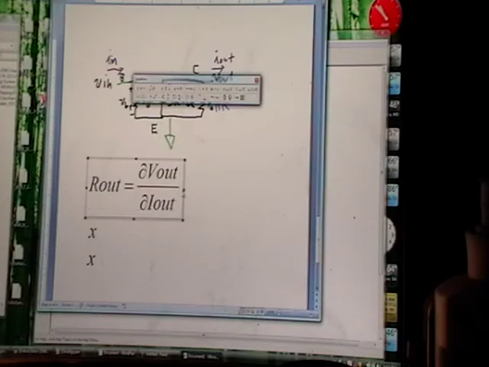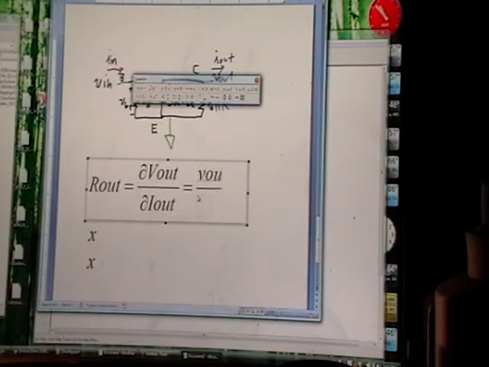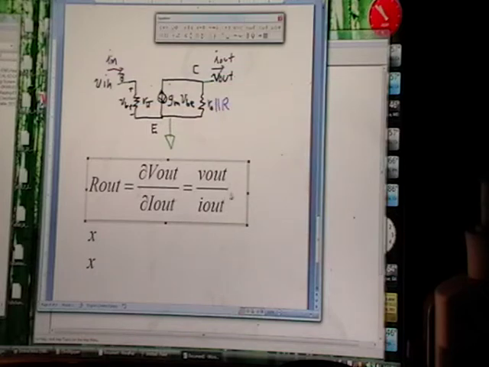And notice these are small signal values. Okay, so you want V out over I out, but since those are already the moving values, what you get is I out. Now it's not instantaneously clear how to get what V out over I out equals. So first thing you want to do is just find an equation that relates V out and I out.